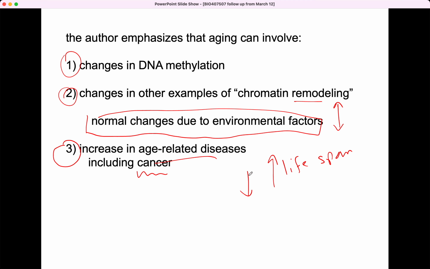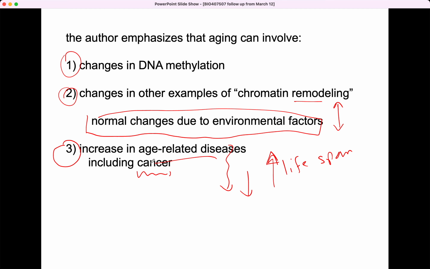The author really likes the idea of studying an increase in lifespan to study all kinds of things like heart disease and diabetes and cancer, as those would all decrease if we could just increase our lifespan. And cancer is a big story in development gone wrong. And so, the author's background is in developmental biology, so tying this into our course makes sense.